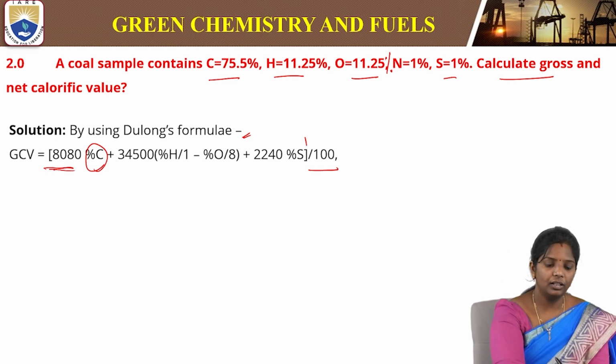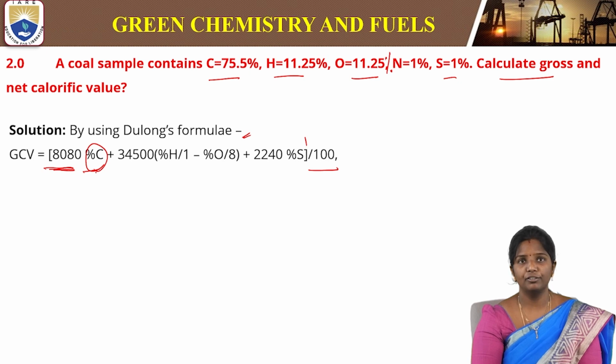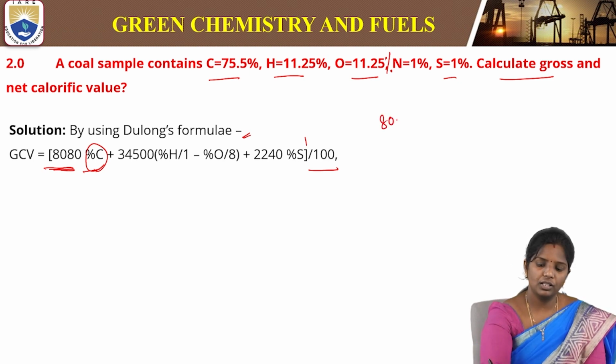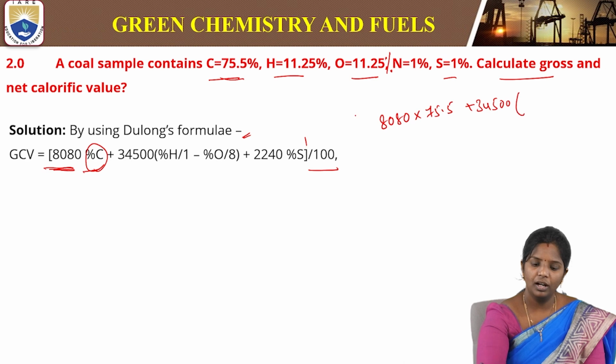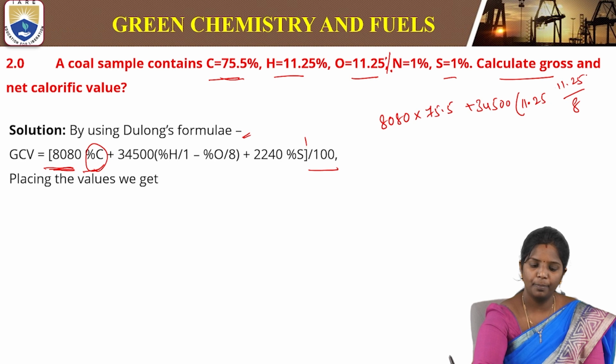So 8080 into percentage of carbon plus 34500. So 8080 into how much is the carbon? 75.5 plus 34500, and hydrogen is 11.25 minus oxygen is again 11.25 by 8 plus 2240 into sulfur is 1.